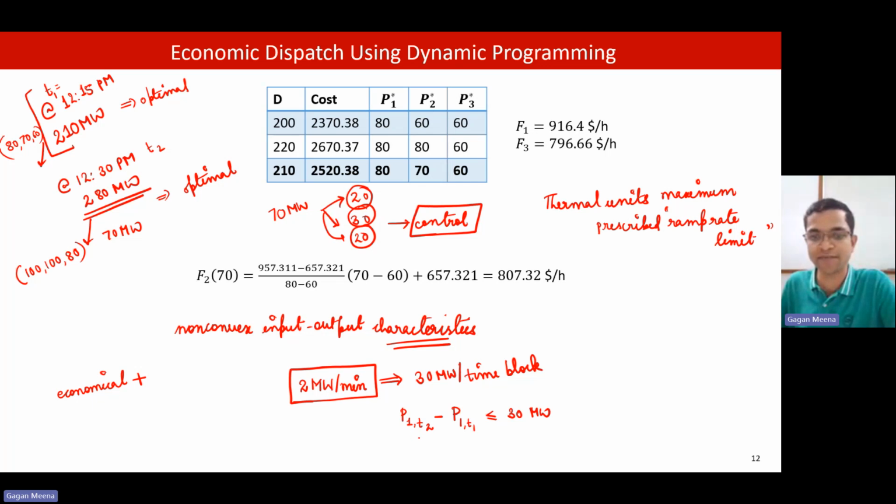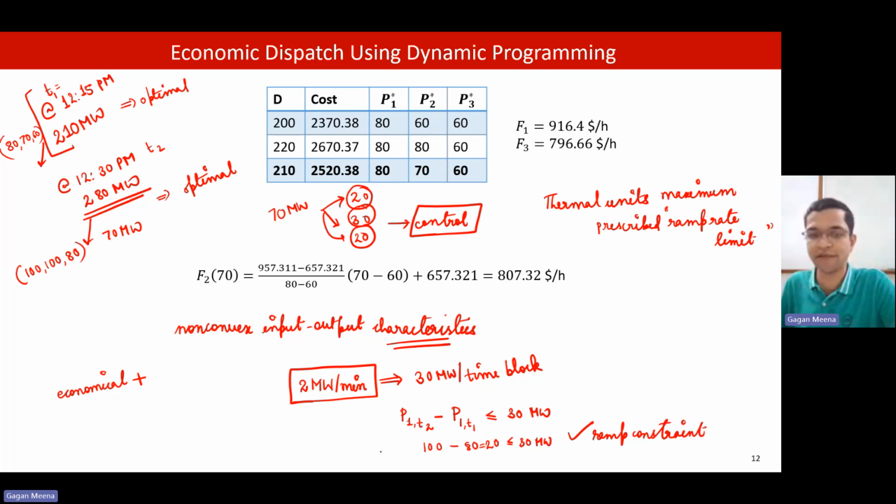Now if we see, P1 at T2 is 100 megawatts. What is P1 at T1? It is 80 megawatts, so the difference is 20, which is less than or equal to 30 megawatts. So this satisfies the ramp constraint.